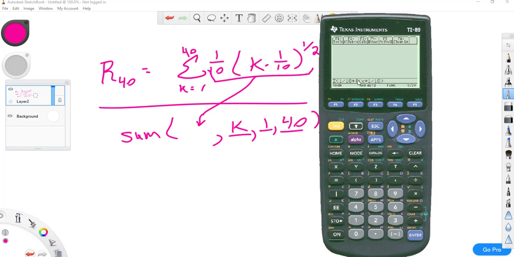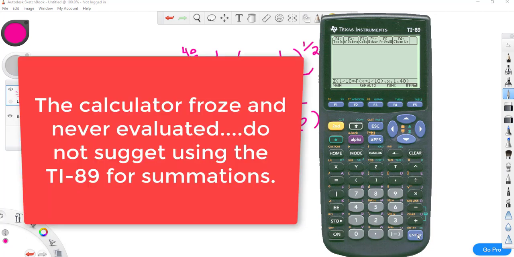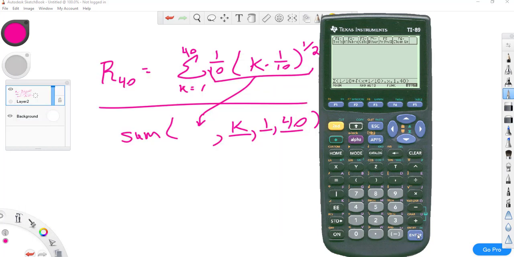And just like on Wolfram Alpha, after we input this expression, we also want to tell it, comma, our variable's X, comma, where we're starting from, comma, where we're ending, which is at 40. Hit enter. Wait forever.